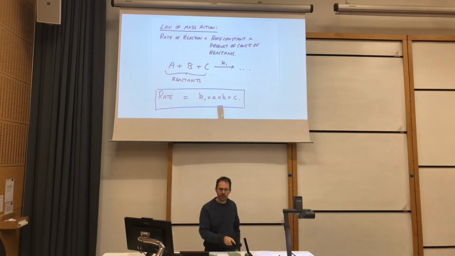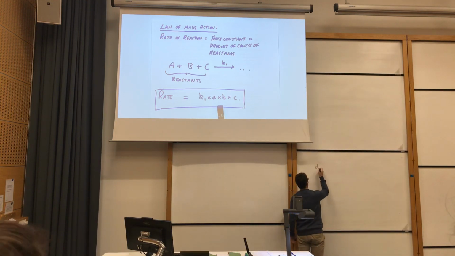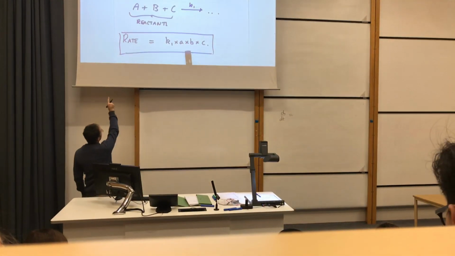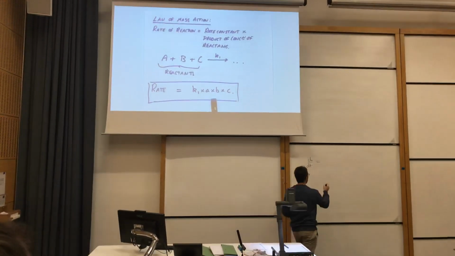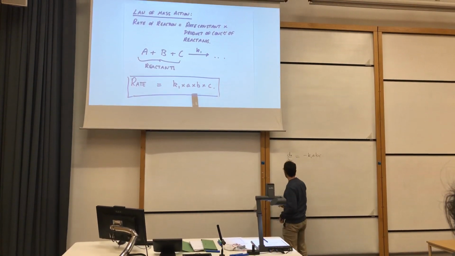From this, we can directly write down the differential equation model. So dA by dt is actually going to look the same for all three of them. A is being used up in this reaction, so we lose A when we do this reaction, and the rate is K1 a b c.